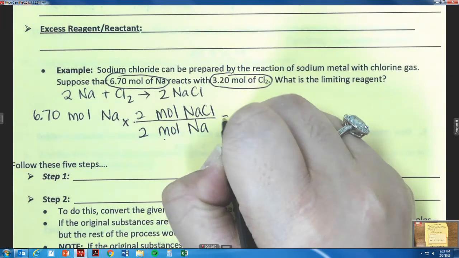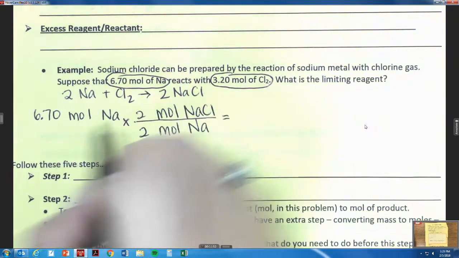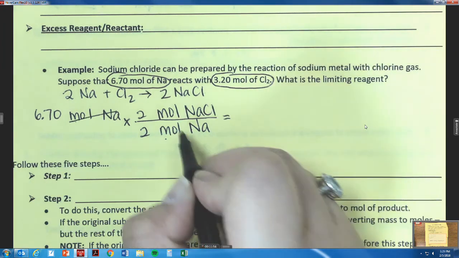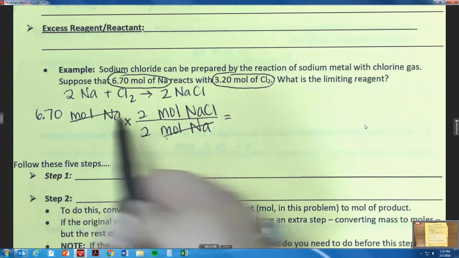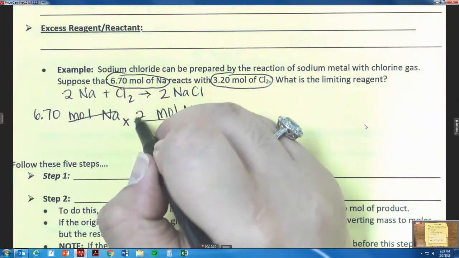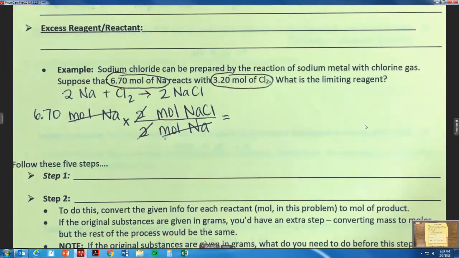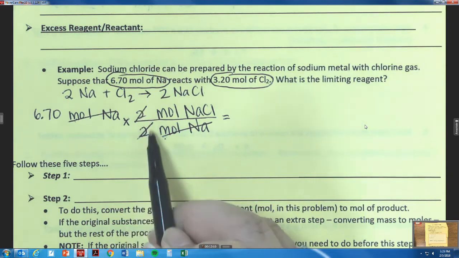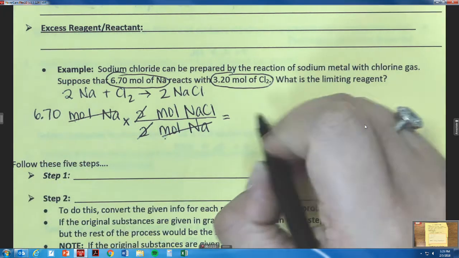So we can go ahead and solve. Our units cancel out because moles of sodium divided by moles of sodium cancel, and 2 divided by 2 also cancels out because it's just 1. So what we're left with is just 6.70.